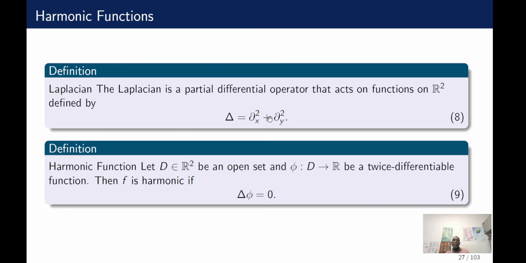If a function phi, this is the Greek letter phi, which is the equivalent of f in the Latin alphabet, can be differentiated twice, because you need second order derivatives, then it is harmonic if the Laplacian is equal to 0.